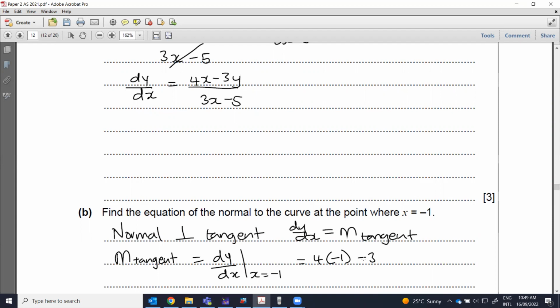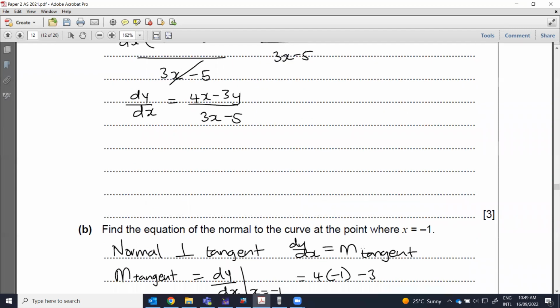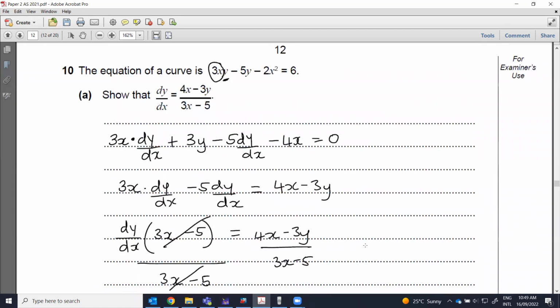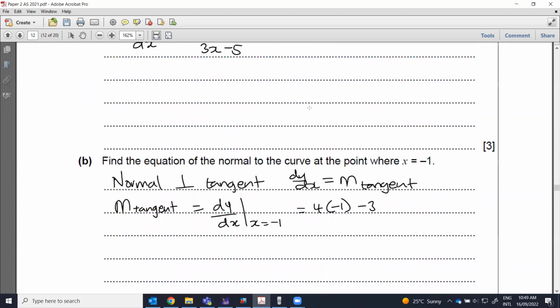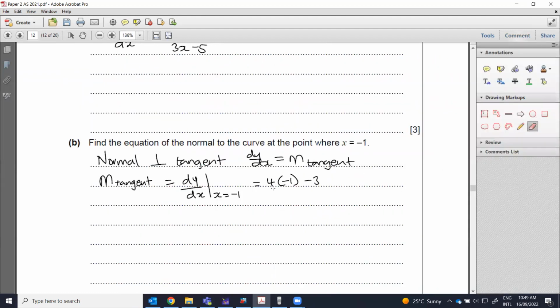Okay, so something I forgot. We need to get the y coordinate first. So to get the y coordinate, I need to substitute it in there. So I can't go straight to finding the tangent. That's an oversight by me. Okay, so we will still come back and do all this, but first we need to find the point.